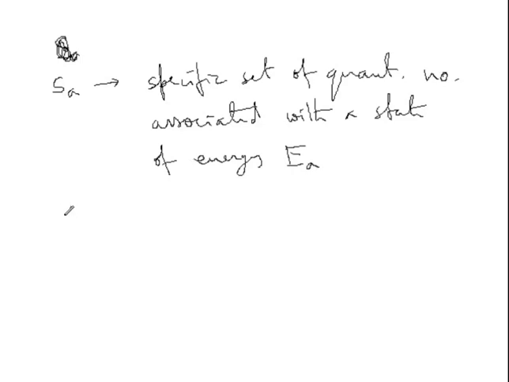And similarly let s_b, this is small s, be the one associated with energy E_b. Then you see the ratio of the probability that the system is in state b relative to state a, what will it be? Well, it is given by this relation here, right? This is equation 2.